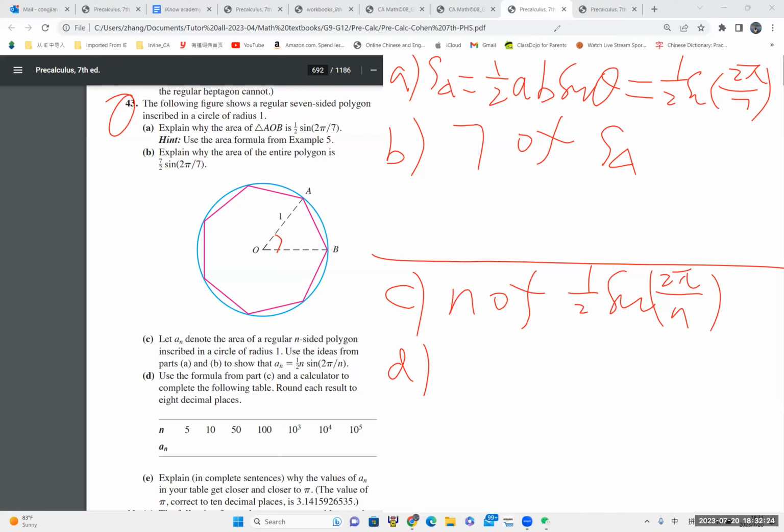How about each of you calculate one? Neil, calculate when n equals 100. Ray, could you calculate when n equals 10 to the fourth power?